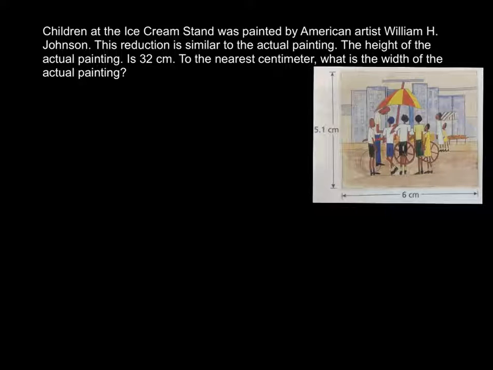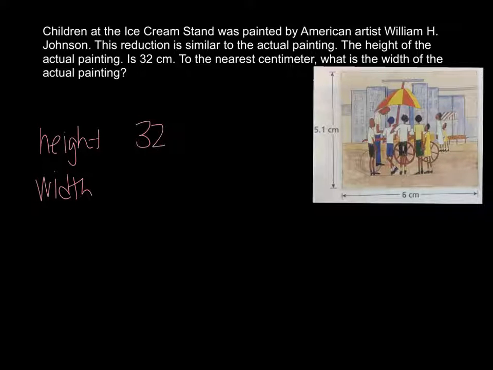The height of the actual painting is 32 centimeters. So I'm going to do my height as my numerator and my width as my denominator. So the actual painting is 32 centimeters for my height.